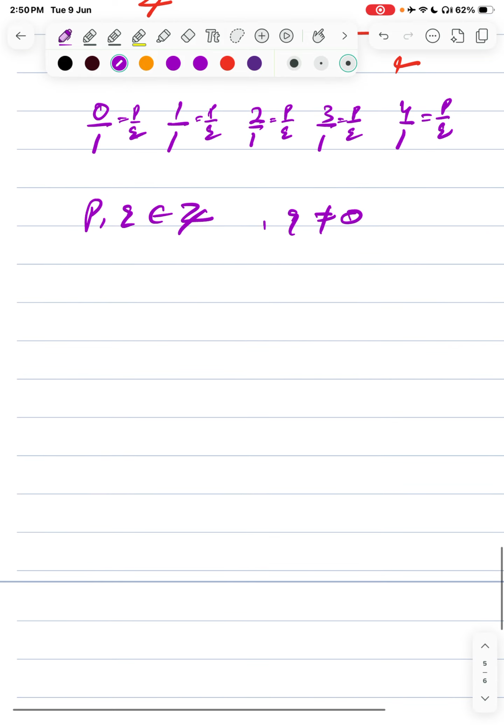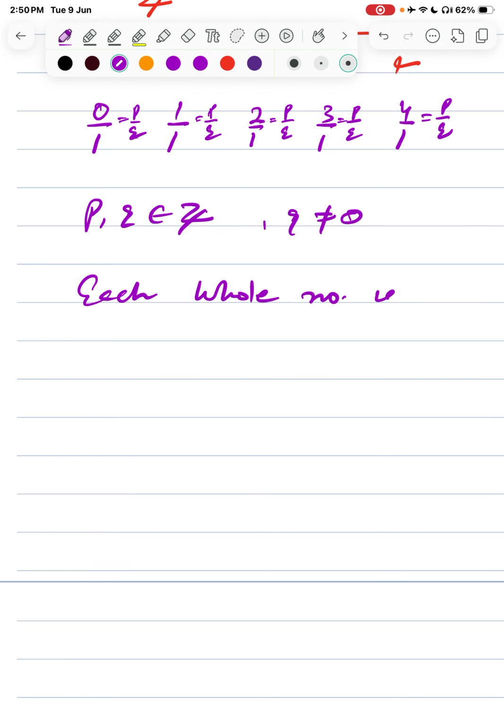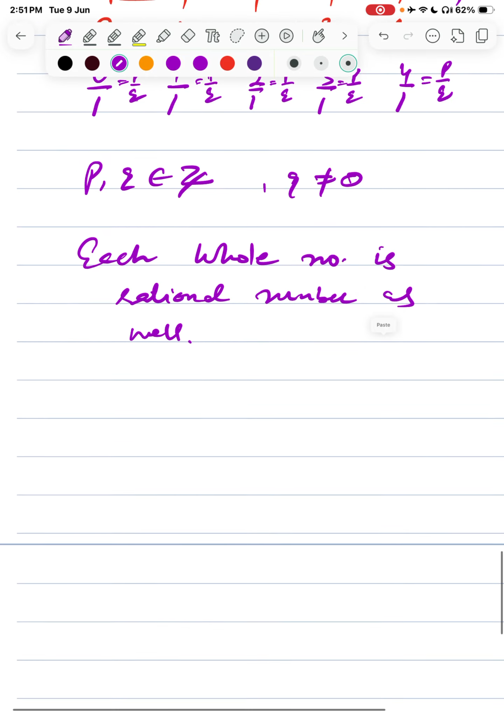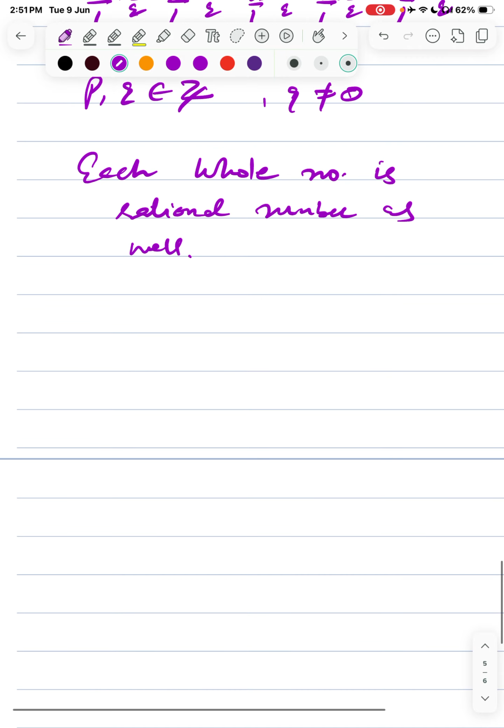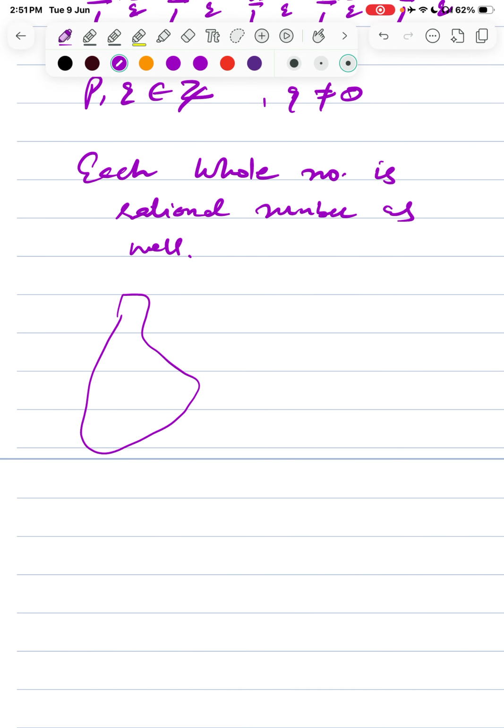So that means each whole number is a rational number as well, isn't it? I have taken a set of whole numbers and again a set of rational numbers.